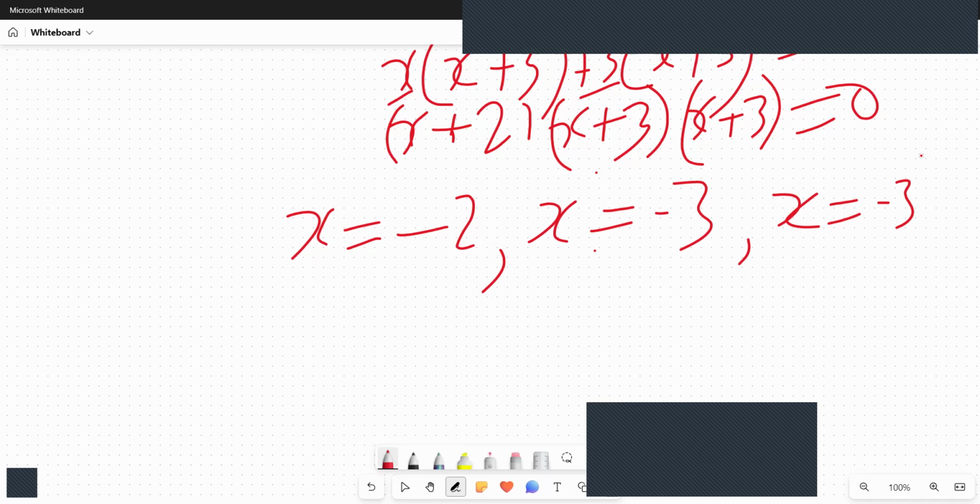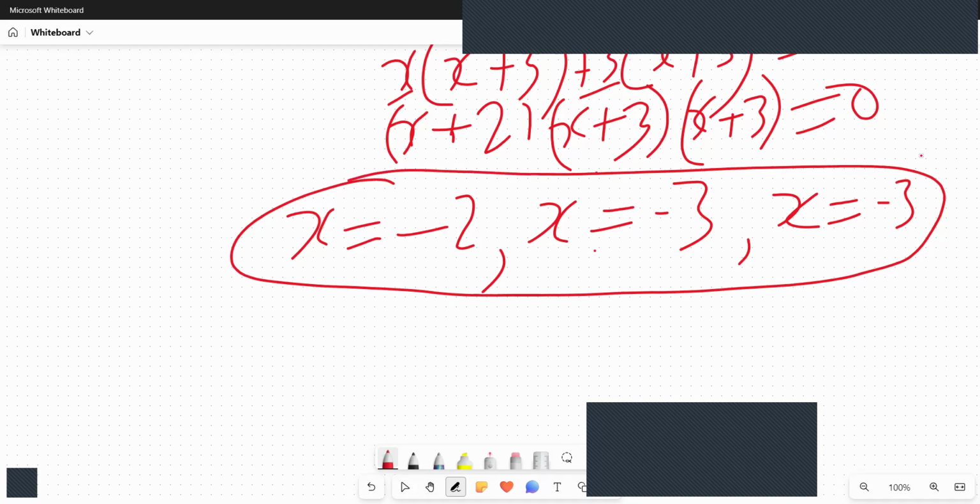So there are three solutions: -2, -3, and -3. So I have -3 twice. In other words, the third-degree polynomial cuts the x-axis, and there is no imaginary solution. So these are the values of x.